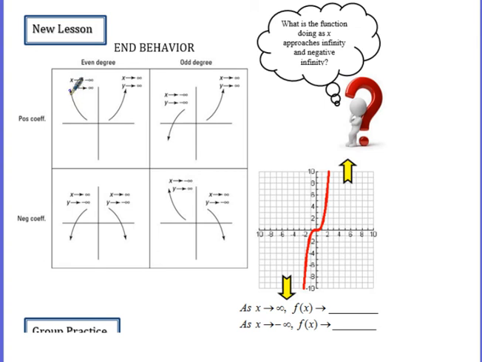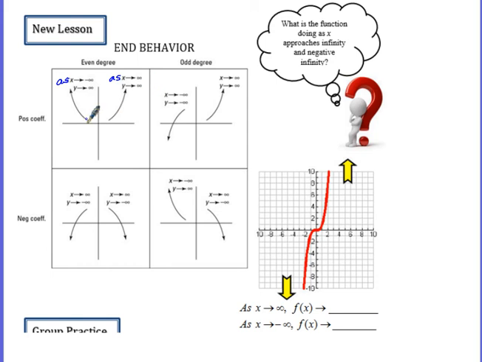So for instance, if you had a graph and on the left hand side it looked like this, pointing up and off into the distance, we would say the end behavior is as x goes to negative infinity, y goes to positive infinity. On the right hand side we would say as x goes to positive infinity, y goes to positive infinity.